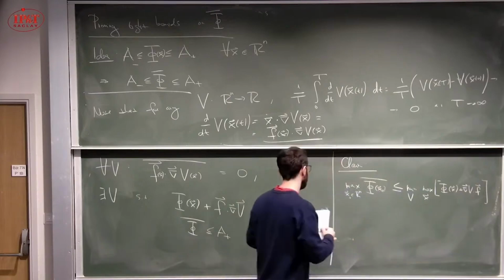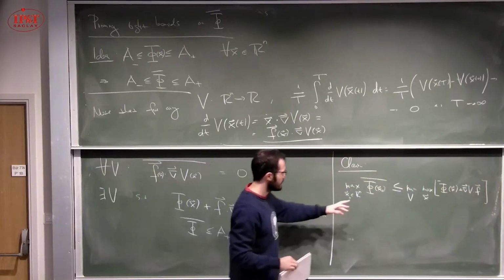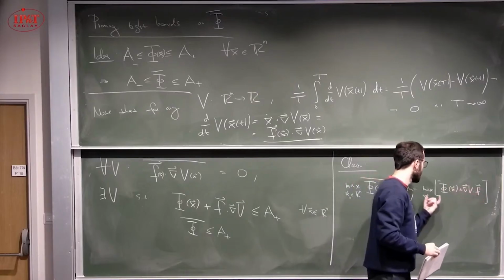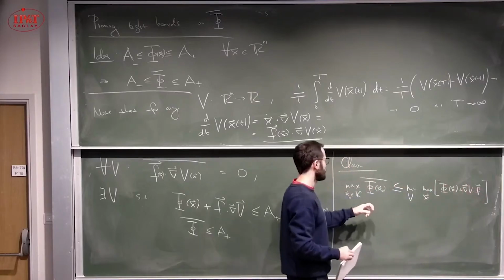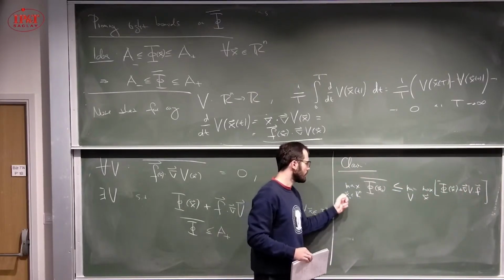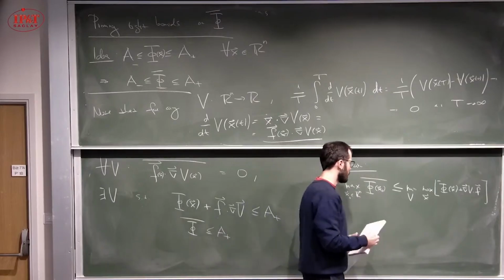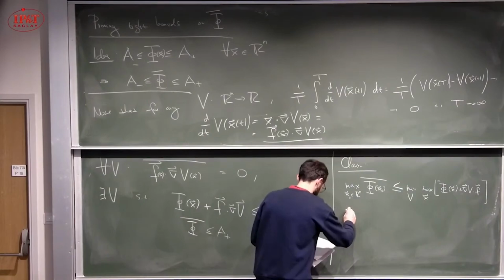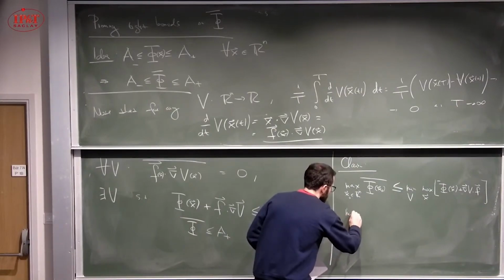And so what I explained so far is this inequality that for any v, to maximize this is going to give you an upper bound on an arbitrary long time average of phi. And similarly, to get a lower bound, we just need to flip some signs.